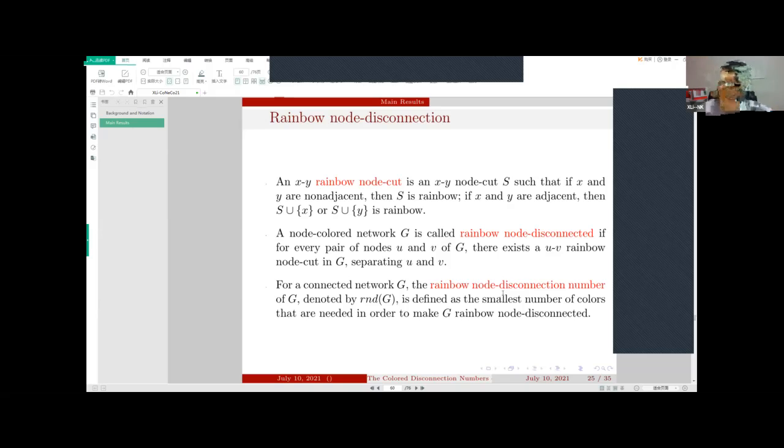So you color the vertices, not the links. For every pair of nodes, there is a rainbow node cut to separate them. This minimum number of colors is called the rainbow node disconnection number.